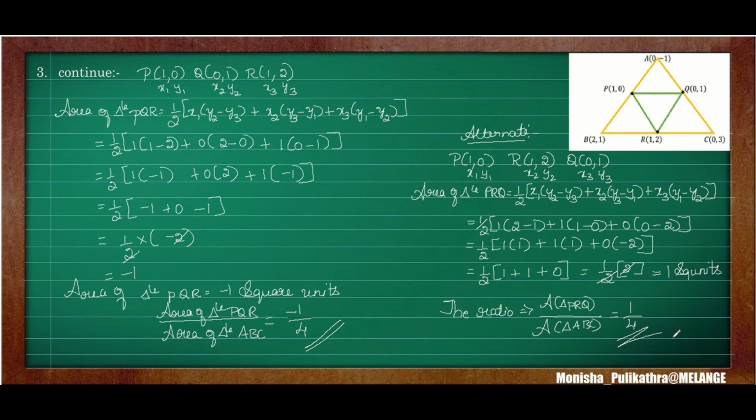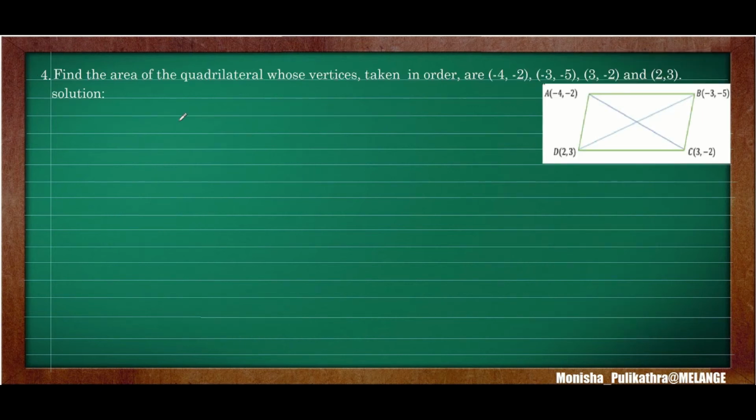Hope you understood this. Moving on to the fourth problem. The fourth problem is we need to find the area of a quadrilateral whose vertices A, B, C and D are given. In order to find this, we need to separate it into two triangles. One is triangle ABC and another one is triangle ACD. When we add up the areas of the two triangles, we get the area of the quadrilateral ABCD.